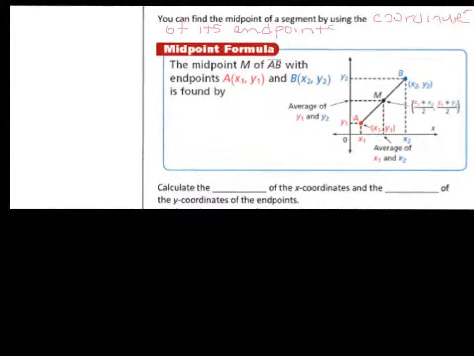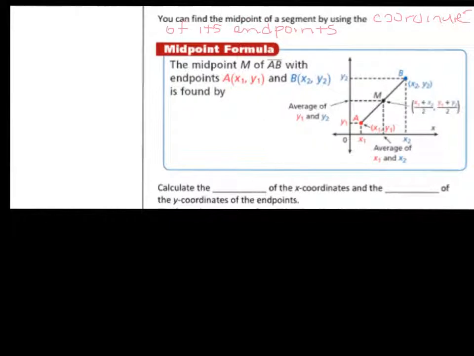If you look at the diagram below, you should see that we have a line segment. We can see that right here. And we have 2 endpoints. We have one that they're calling A and one that they're calling point B. So point A is (x1, y1), and point B is (x2, y2). We're going to use that to write our formula.